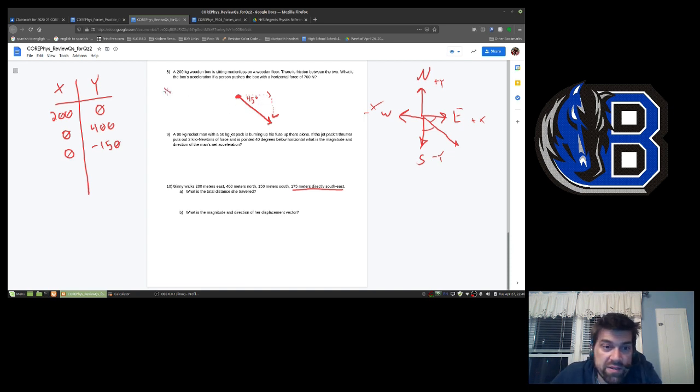So the x component is the adjacent side, and the hypotenuse is my 175 meters. I'll do it from the beginning. Cosine of my angle is the adjacent side, that's the x component, that's the y component. And when I cross multiply, you'll find that it's the magnitude again times cosine of the angle.